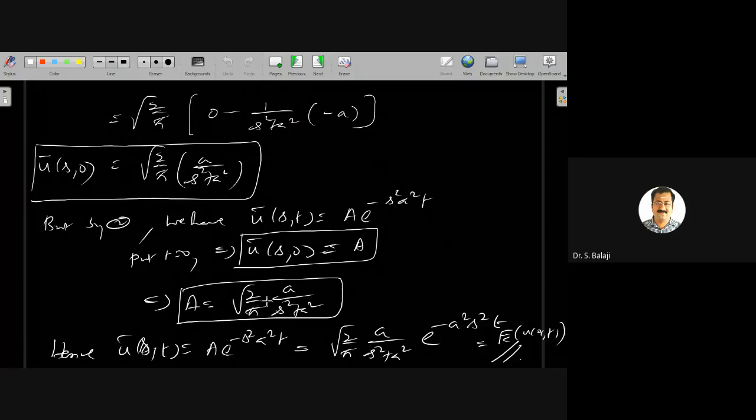Or A equals root of 2 pi by a by s square plus a square.